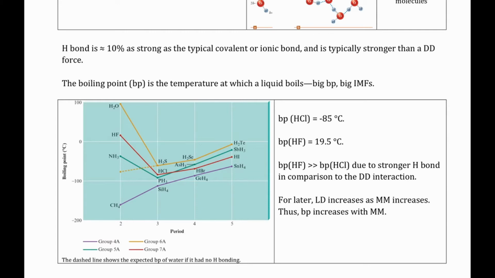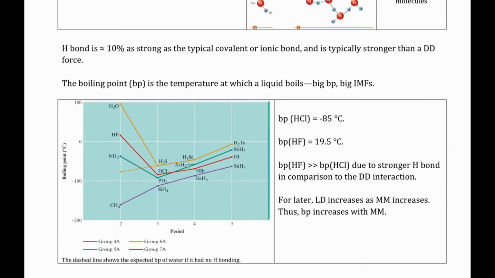So here we have a graph of boiling point versus the period. We have the data shown with colors. The purple is group 4A on the periodic table, so that would be the group involving carbon, silicon.